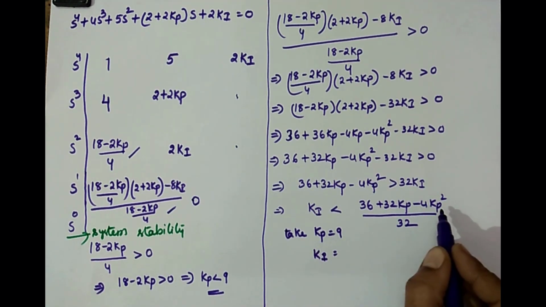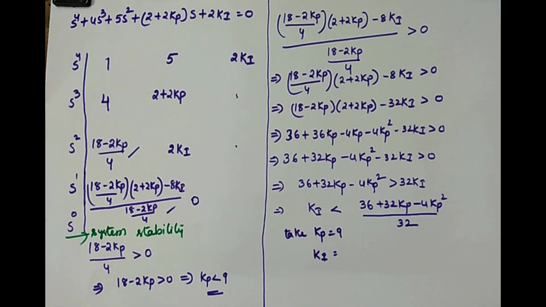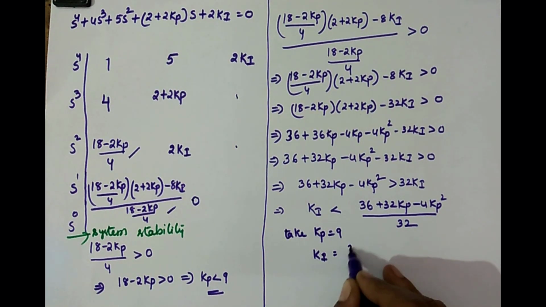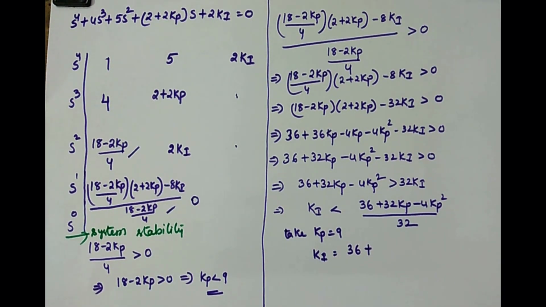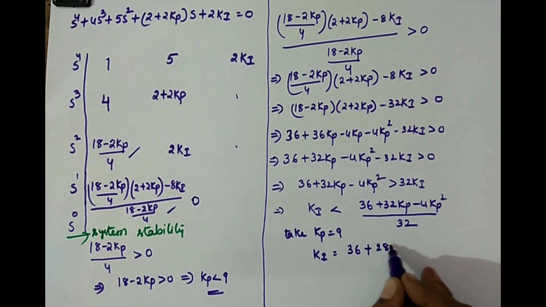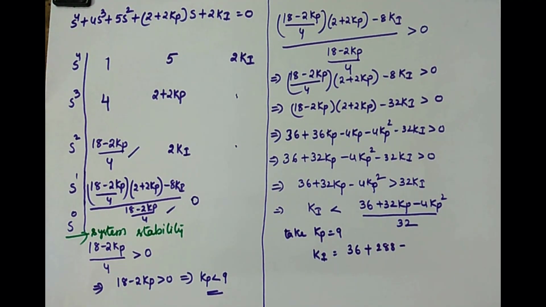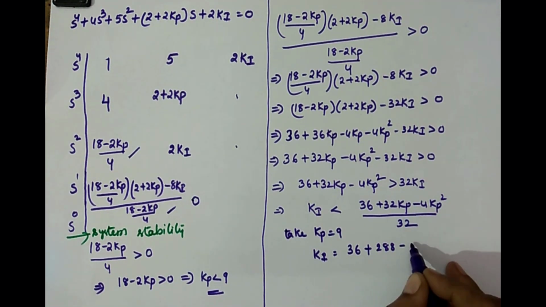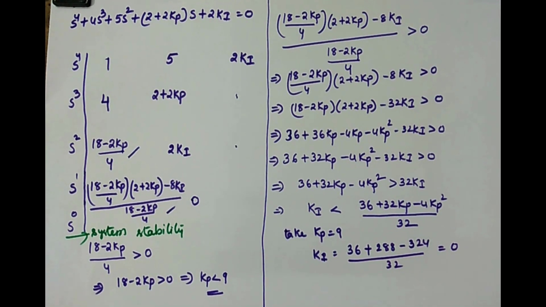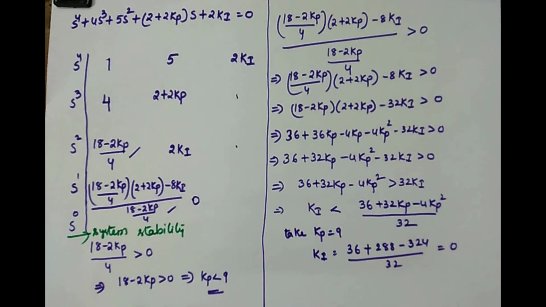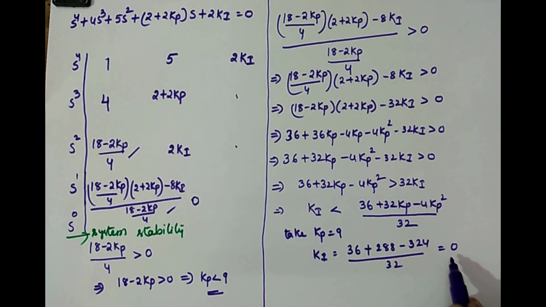So just substitute 9 here. 36 plus 32 into 9, 288, minus 9 square into 4, 324 by 32, that is 0. So what is the conclusion here? When Kp is 9, Ki is 0.